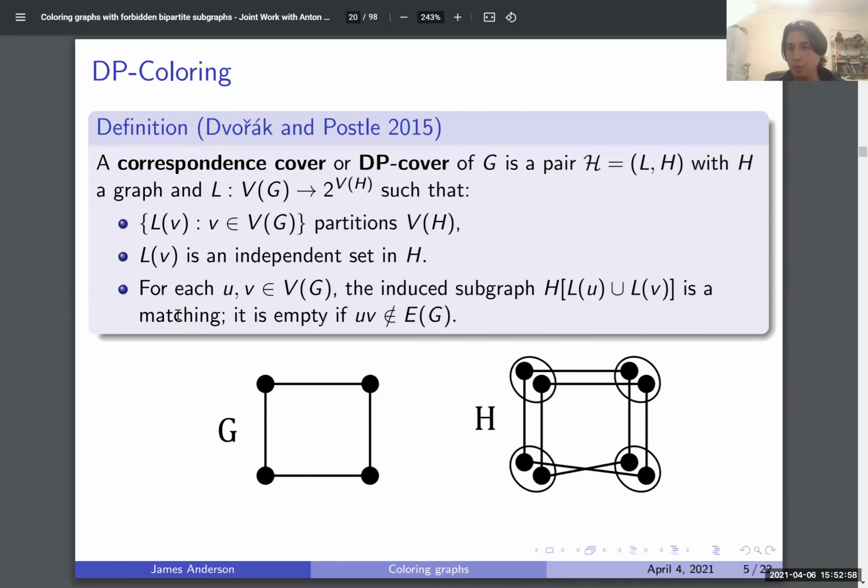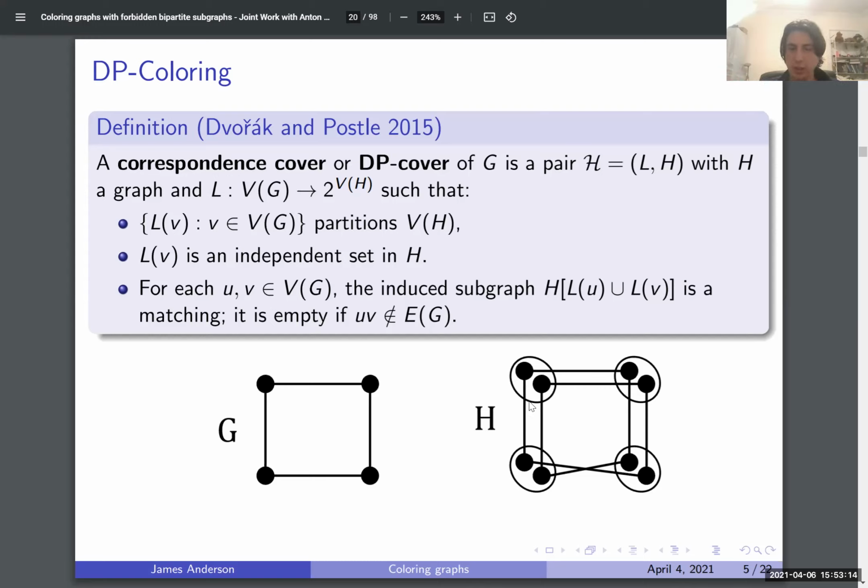So as an example of this, we have G here as a 4-cycle. Each vertex becomes blown up to have 2 vertices of H as its list.